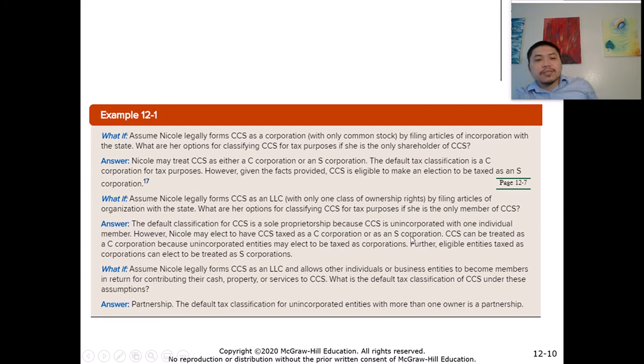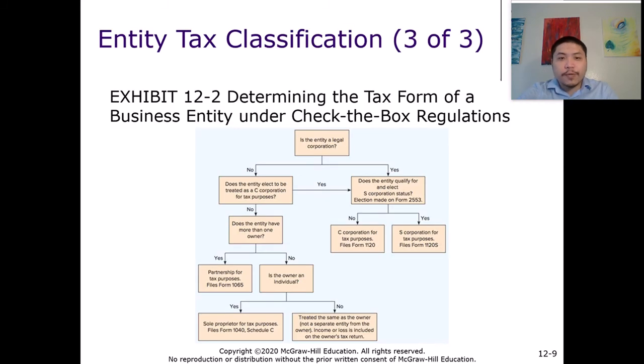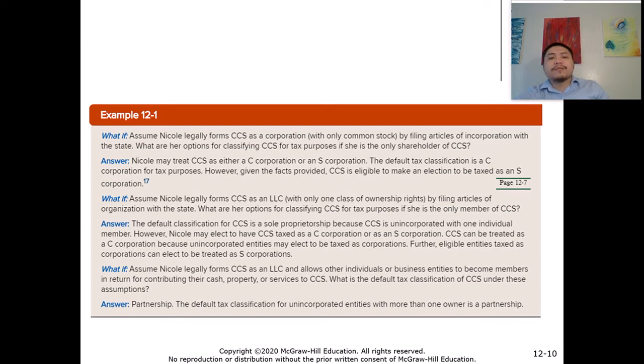However, Nicole can elect for the company to be treated as a C corporation or an S corporation, so that's what we talked about here. Even though it is not a corporation legally, the business owners can elect for the business to be treated as a C corporation or an S corporation if they are eligible to.